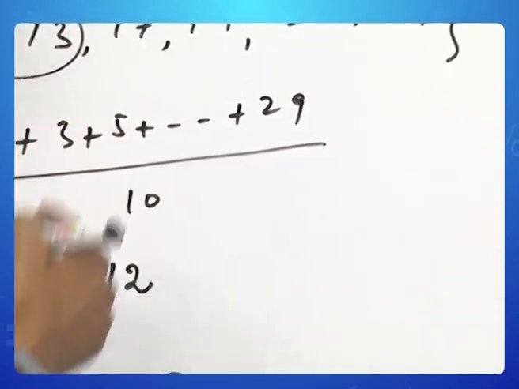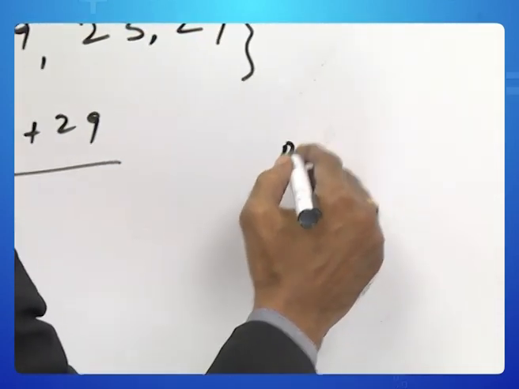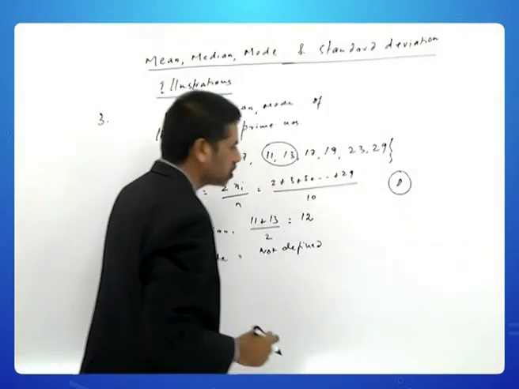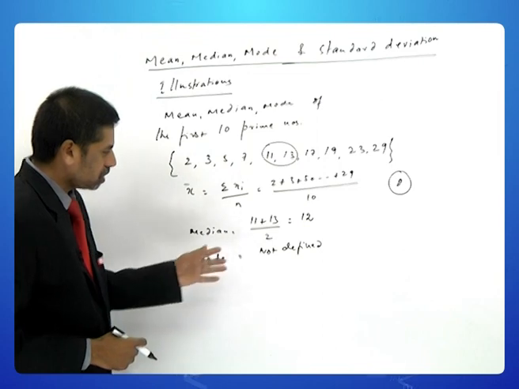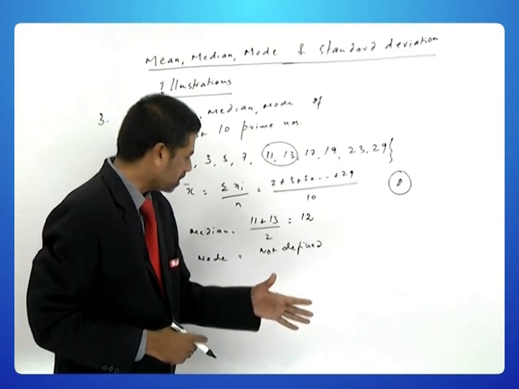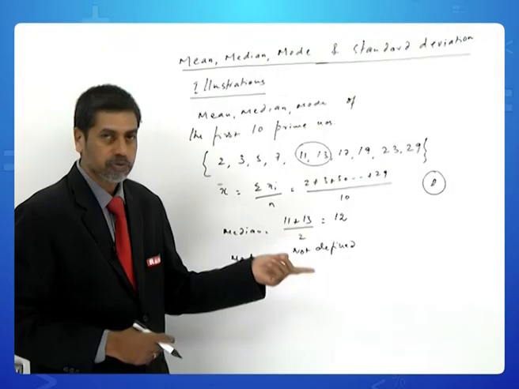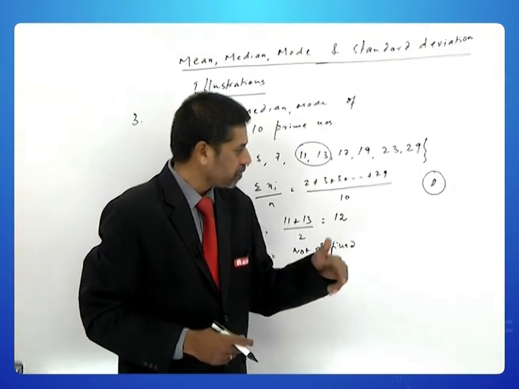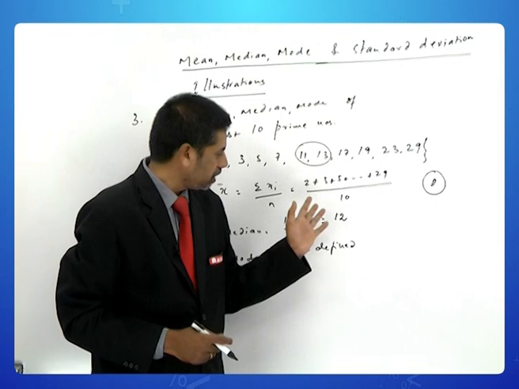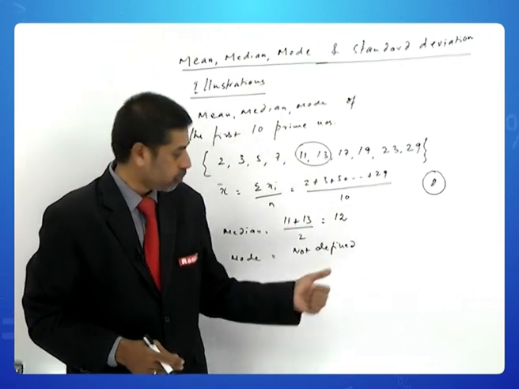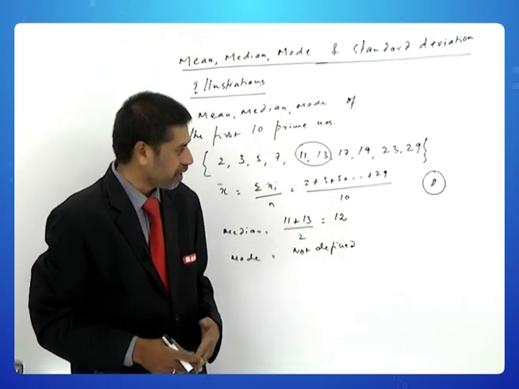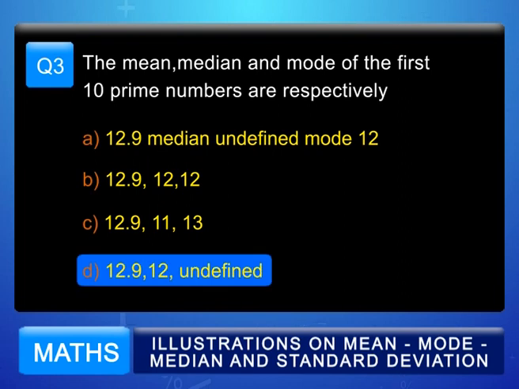I think this calculation any student can do, but I can say that option D you will find this particular thing, because in the remaining 3 cases median is mentioned as not defined in one of them, that is absolutely wrong, and in one of the options all the 3 are declared as values, but mode you can see is not at all defined. So, you can refer to option D, which will be the correct option for this problem.